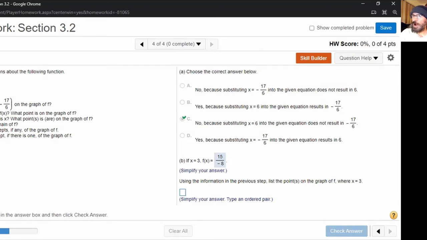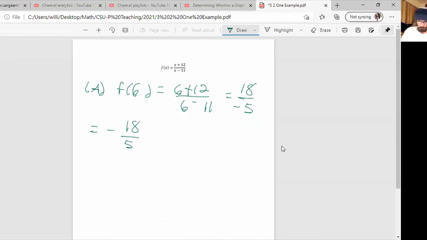Part C. Notice that that is not f of 2 to calculate. Instead, we're asked if f of x equals 2. That's a fancy stand-in for y. So we want to know if the output is 2, then what did we put in for x? So cross multiply there.